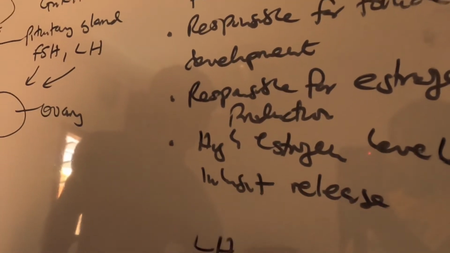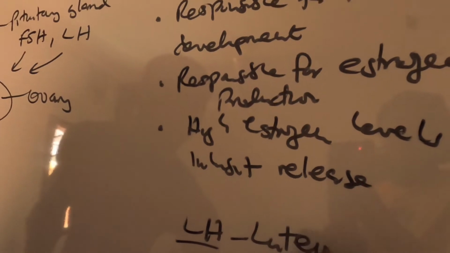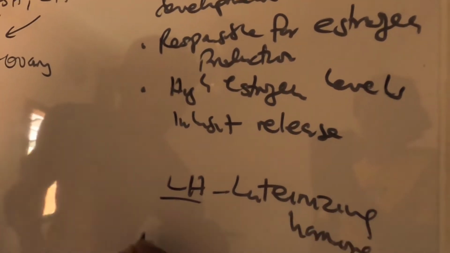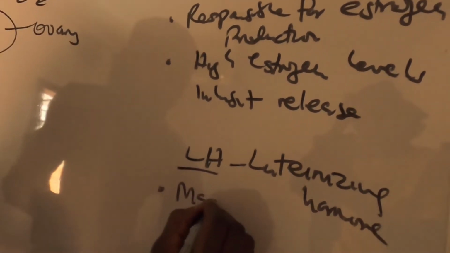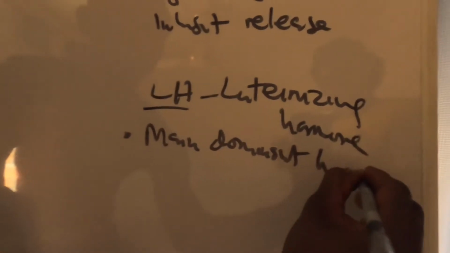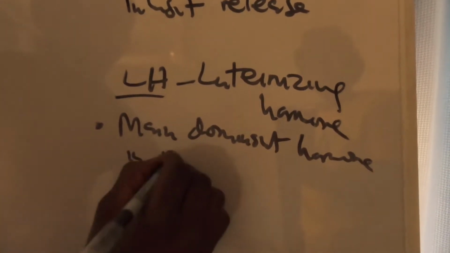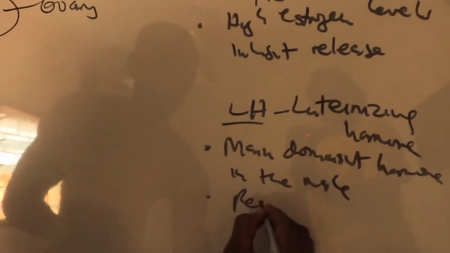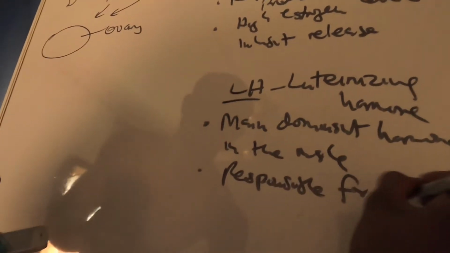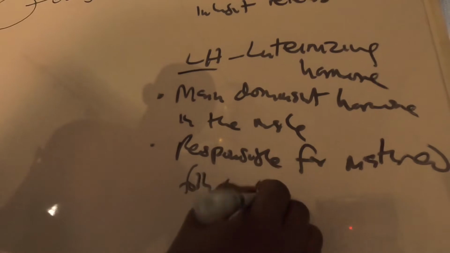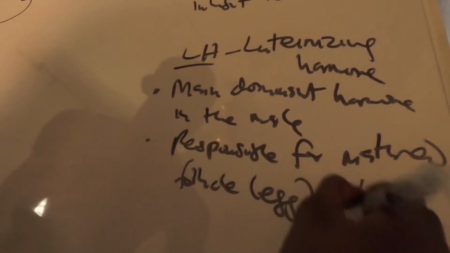Then let's see LH, that's the luteinizing hormone. It is the main dominant hormone in the male. It is responsible for matured follicle or egg, for that matter, release.